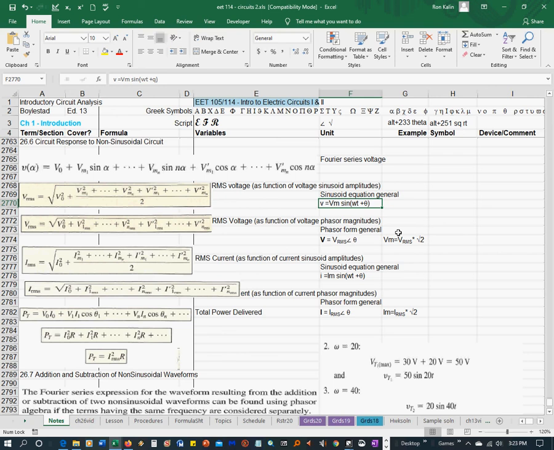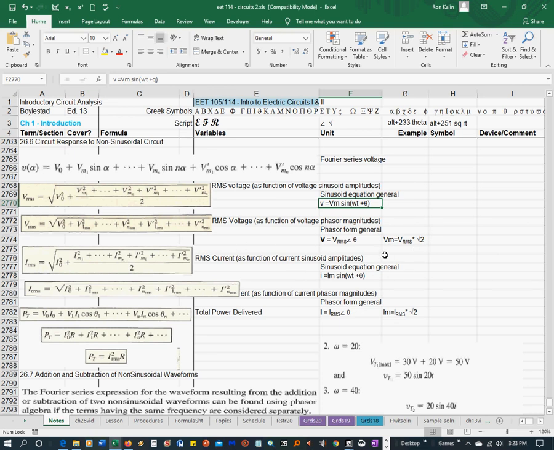The relationship between VM and V RMS is VM equals V RMS times the square root of 2. So V RMS would equal VM divided by the square root of 2. Just remember VM is the max, it's the bigger of the two. So this is the relationship.